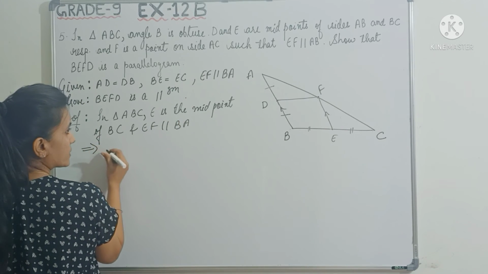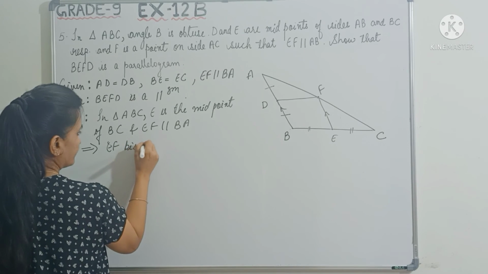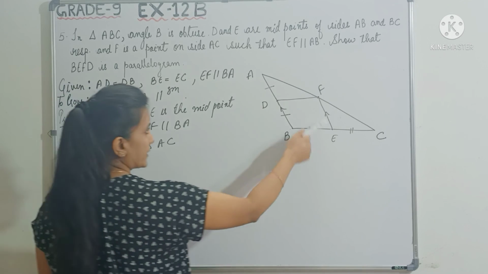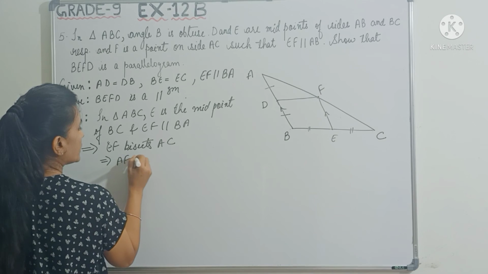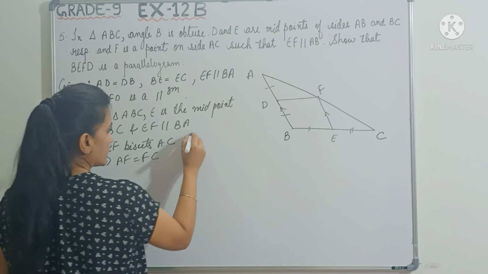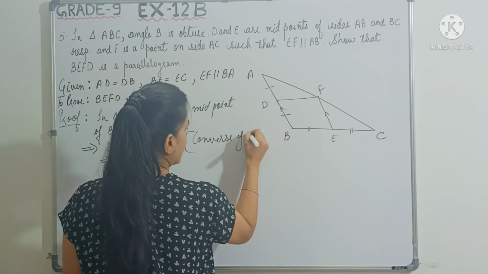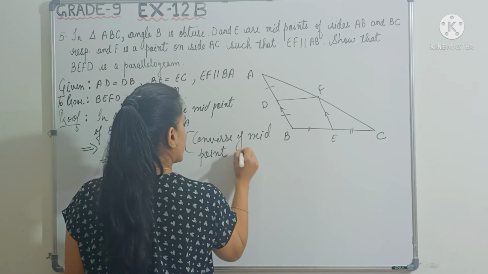So this implies EF bisects AC, right? EF bisects AC. This implies AF will be equal to FC, right? This is from converse of midpoint theorem.